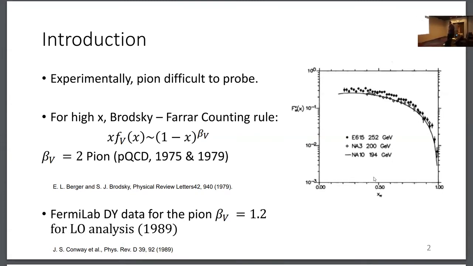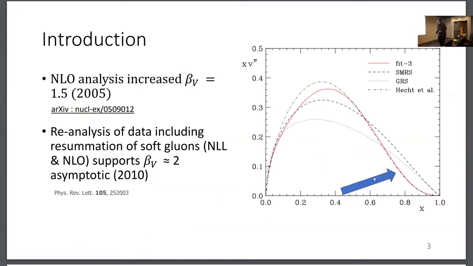So this is basically the structure function for the pion, and you see that for high X, it's approaching 0. Next-to-leading order analysis increased the beta V to 1.5 in 2005.